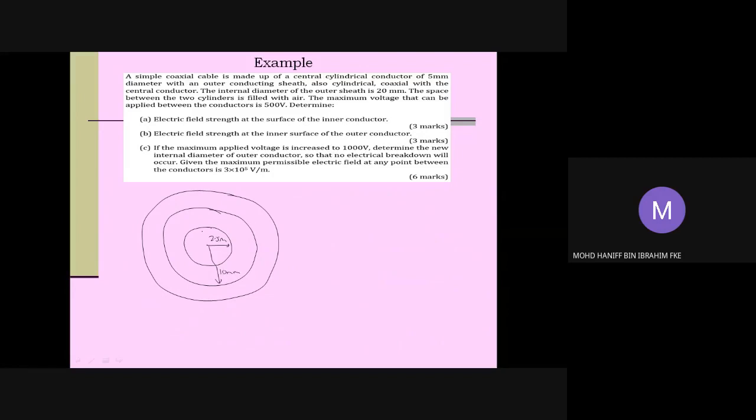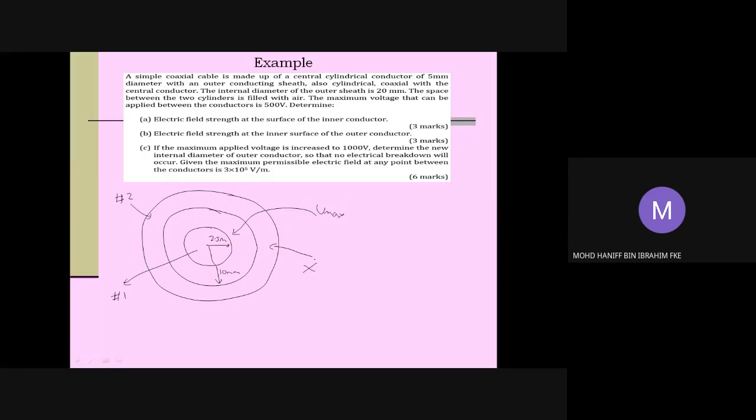That should be our first conductor and that should be our second conductor. Our concern in this question is the potential Vmax given between the 2.5 millimeter radius and the 10 millimeter radius of the conductor. So our concern is not on these conductors, and you don't have to worry about that.